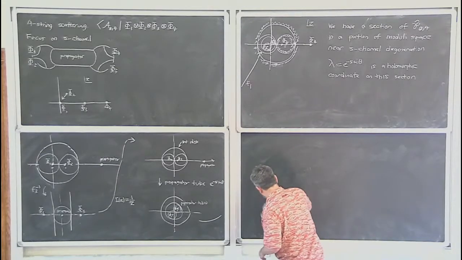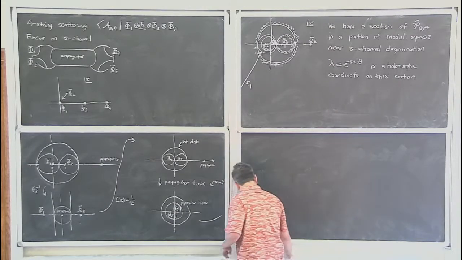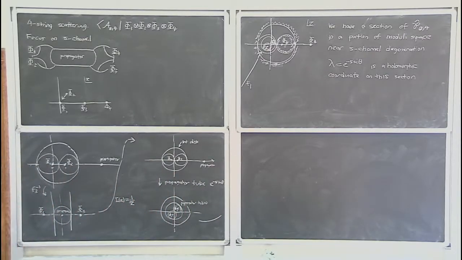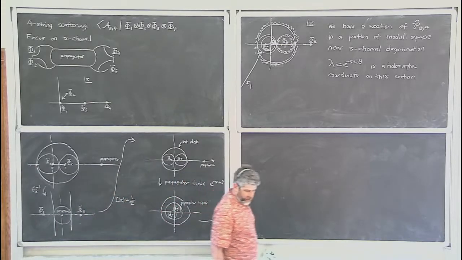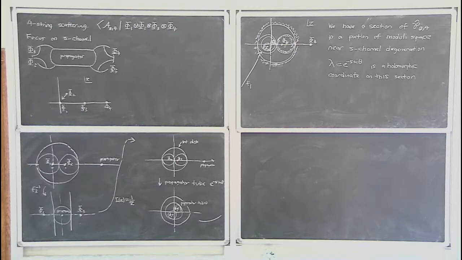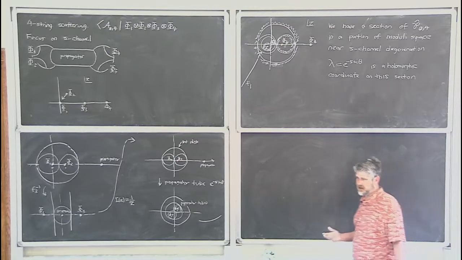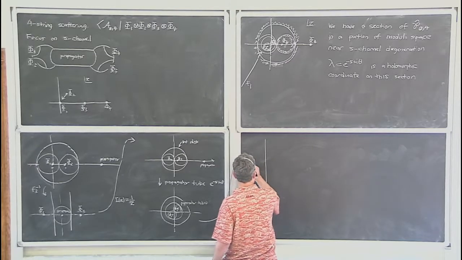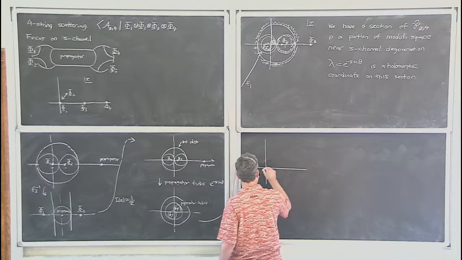So now we've explained in detail that the S-channel diagram does not cover everything. But it's, of course, natural to include the contributions from the T and U-channel diagrams. And if you do that, you can look at what portion of the moduli space is covered.